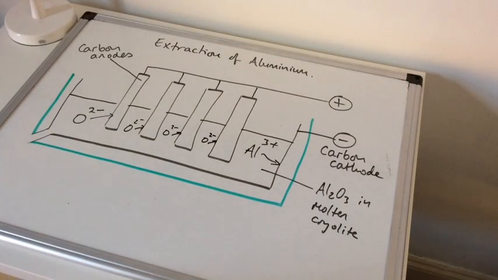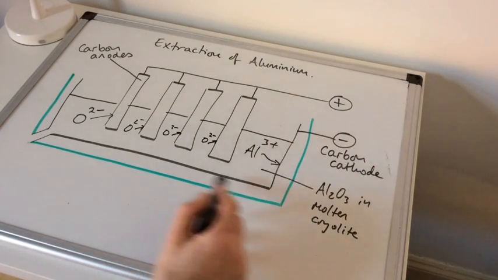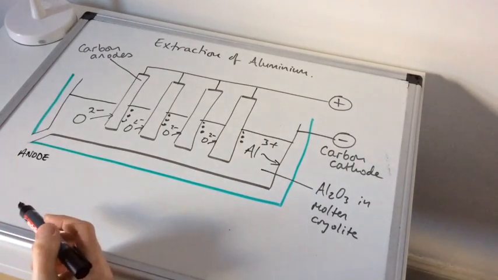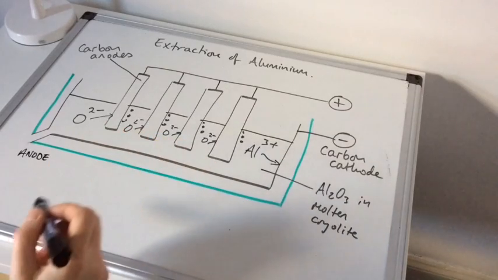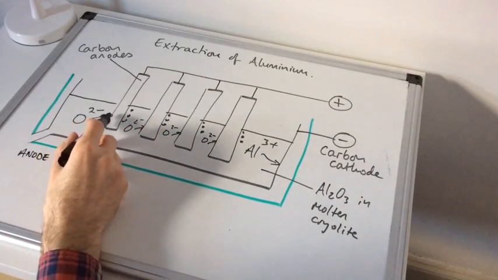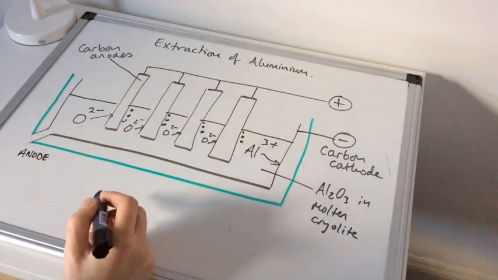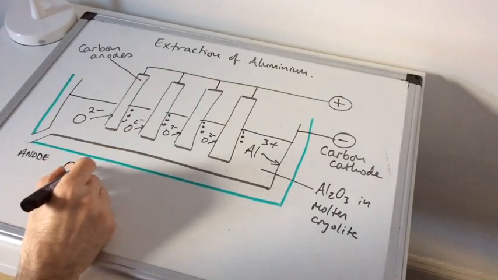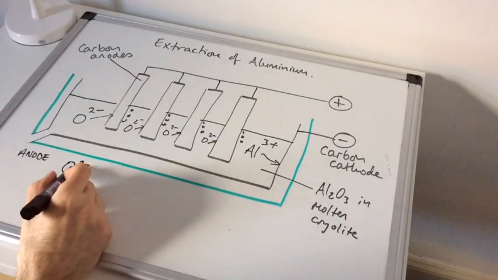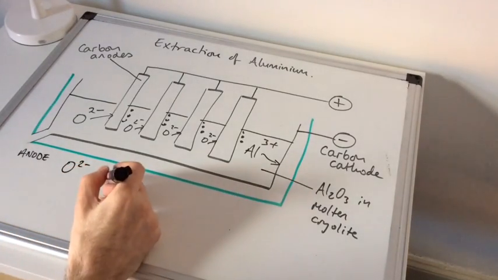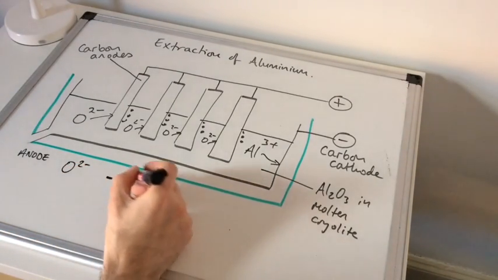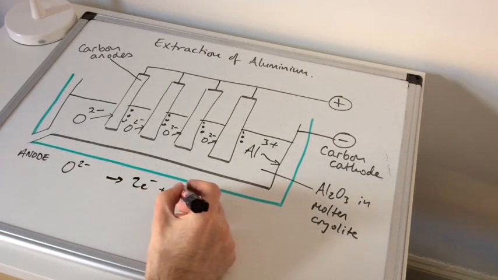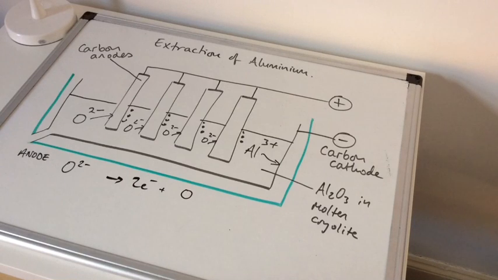So what we need to do now is have a look at what happens at each electrode. We'll start with the process that's going to take place at these anodes here. The negative oxide ions are attracted to the anodes, and this 2- charge, which is brought about by having 2 extra electrons, is going to get rid of those 2 electrons, and the oxide ion becomes an oxygen atom.